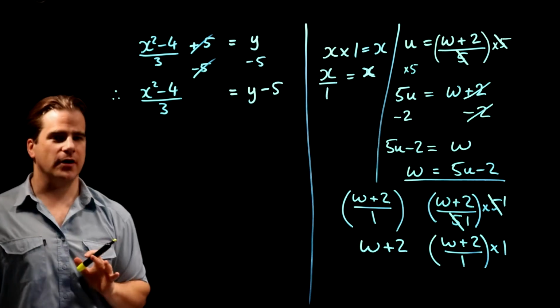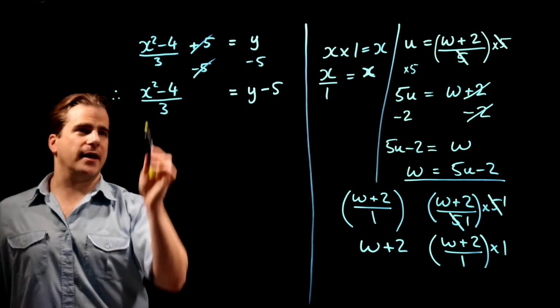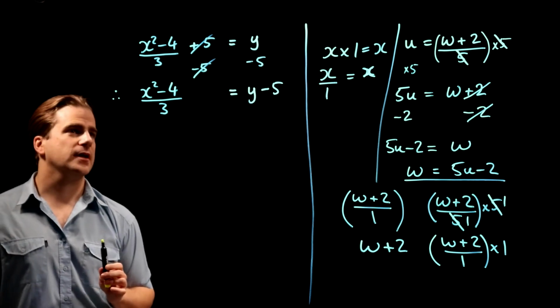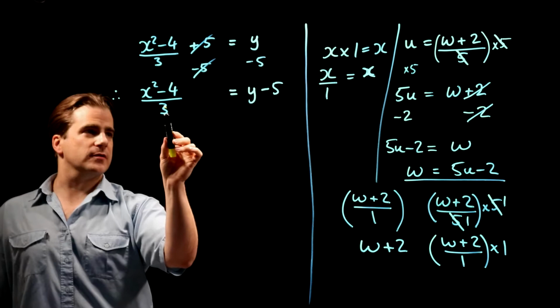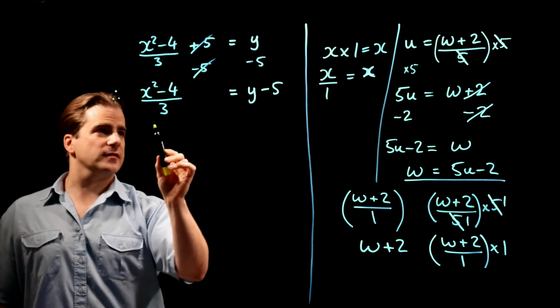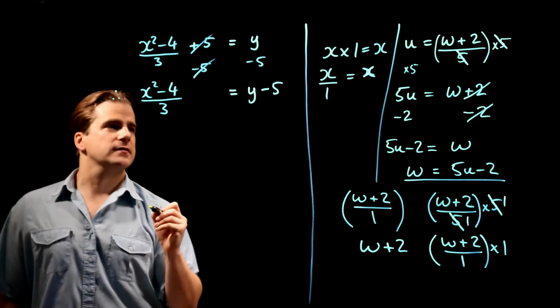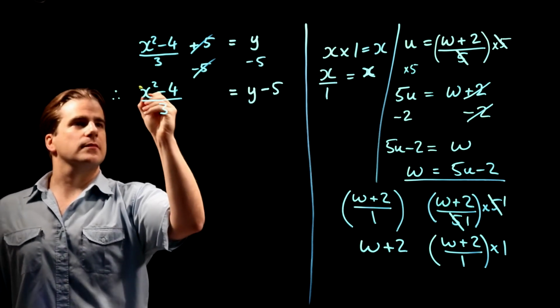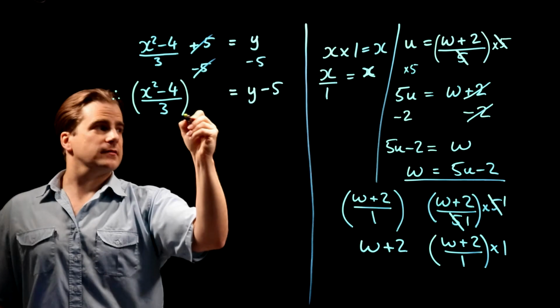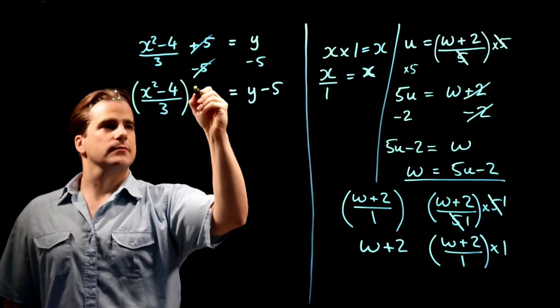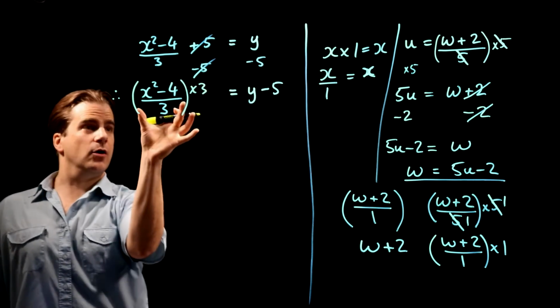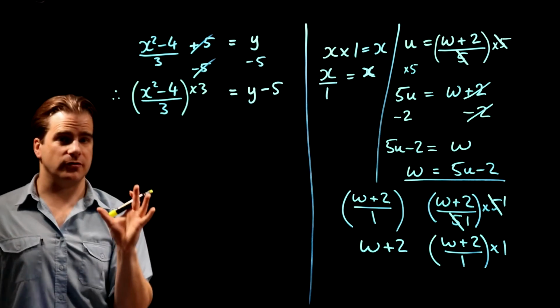Anyway, moving on. Right, we've got to make x the subject. So we've got a 3 on the bottom. Let's get rid of that. So let's multiply both sides by 3. So I'm going to write it like this. Same as over there. Multiply the whole lot by 3, which means introduce your own brackets.